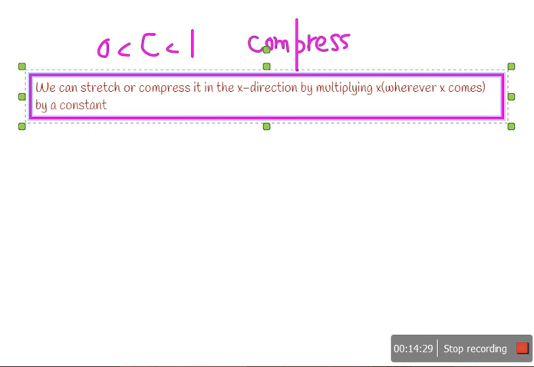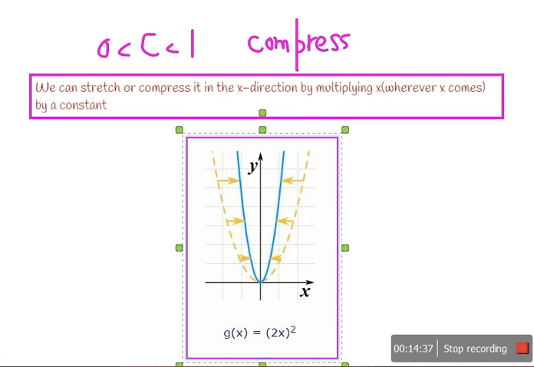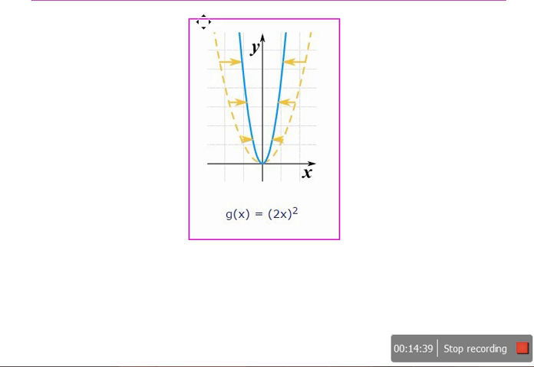Right now we'll see the diagram and I'll tell you how it looks and what happens. Now this is the diagram here. If you're multiplying something with x, what happens? If you multiply by 2 here, you are only multiplying 2 with the x value, not with the whole function.